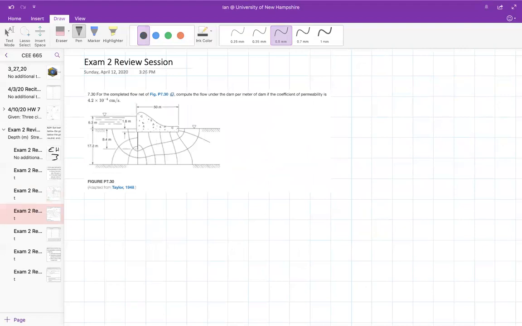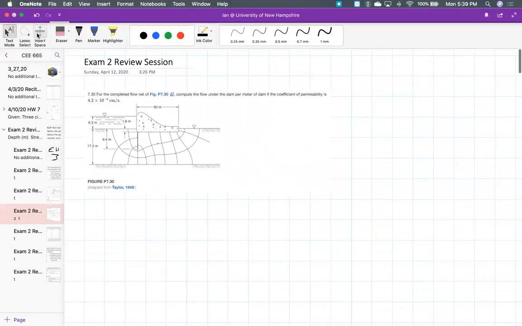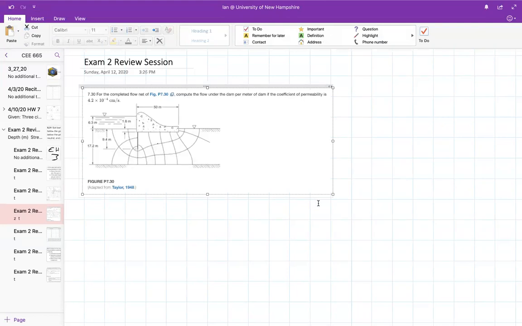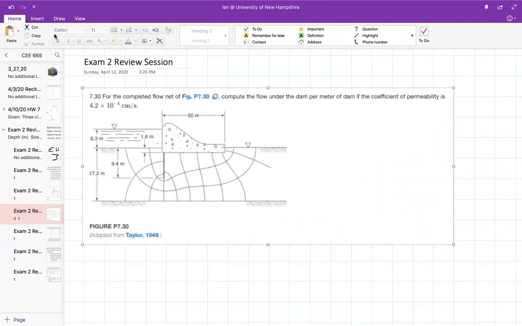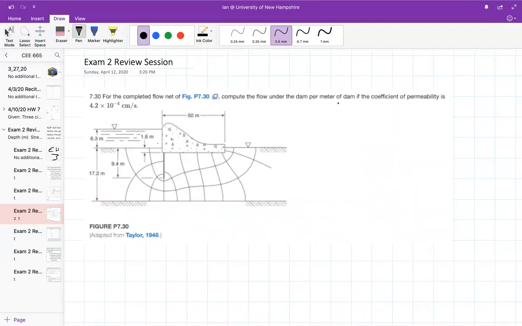7.30. So for the completed flow net of this figure, try and make this a little bit bigger. For this flow net, compute the flow under the dam per meter of dam if the coefficient of permeability is this.